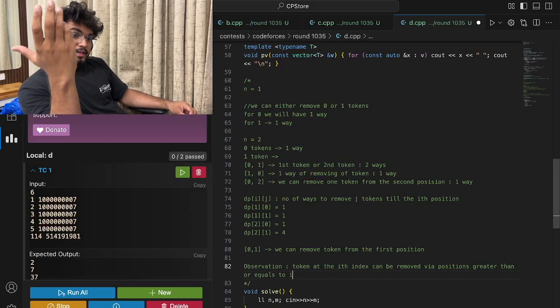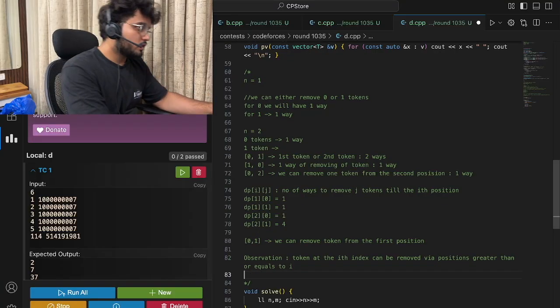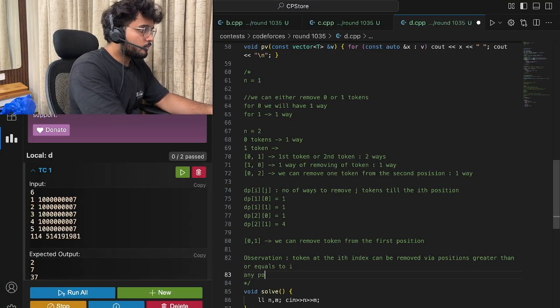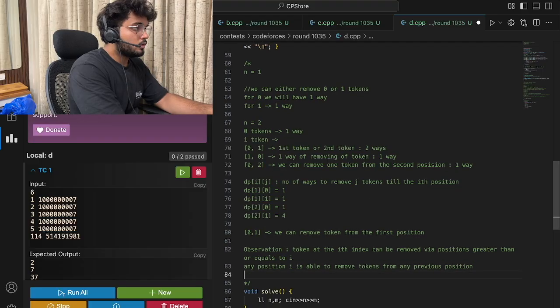So it can remove any token starting from 0 to 7, which means any position i is able to remove tokens from any previous position. So higher positions have higher dominance.